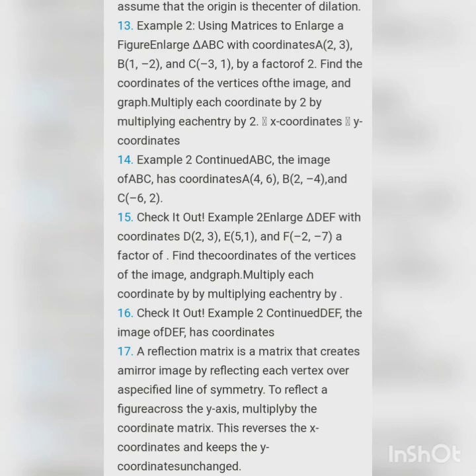Check it out. Example 2: enlarge triangle DEF with coordinates 2 comma 3, 5 comma 1, and minus 2 comma minus 7 by a given factor. Find the coordinates of the vertices of the image and graph. Multiply each coordinate by the factor, each term by the factor. Check it out. Example 2 continued: the image of DEF.